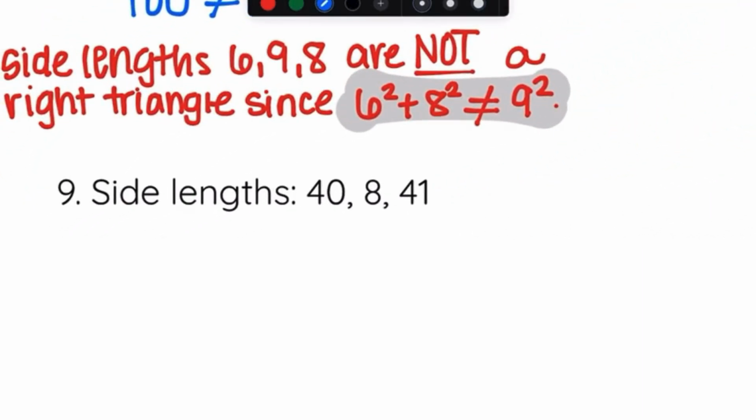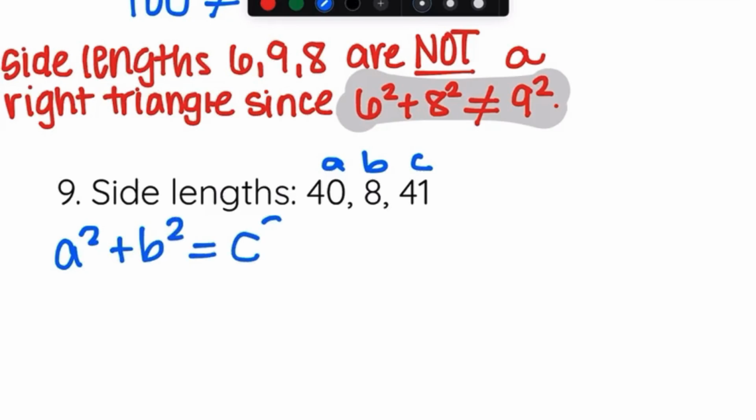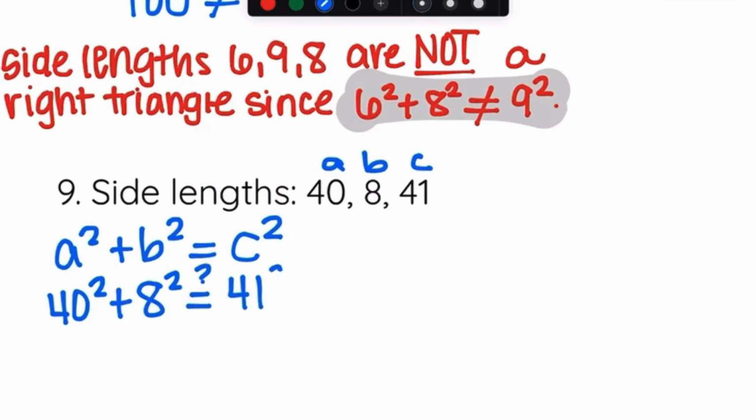Again, at any point, you could pause this to try these on your own. Hopefully, you've already done that by the point you're watching this video, and this is just for clarity's purpose. So, A is 40 squared plus 8 squared. I'm saying, is that equal to 41 squared?